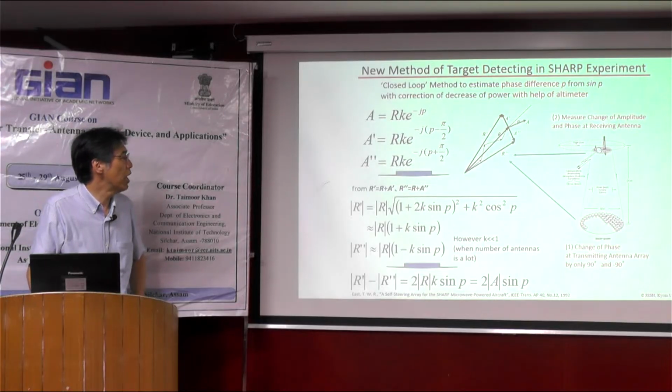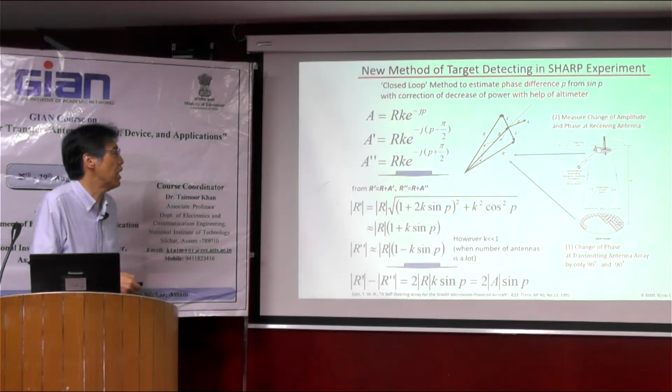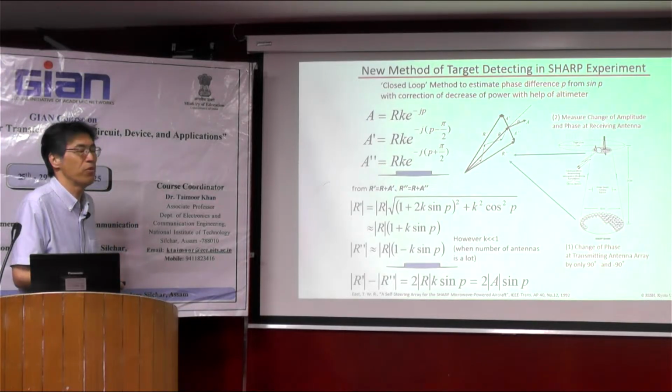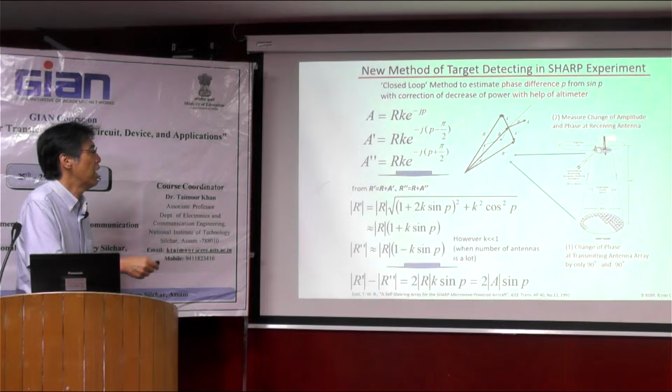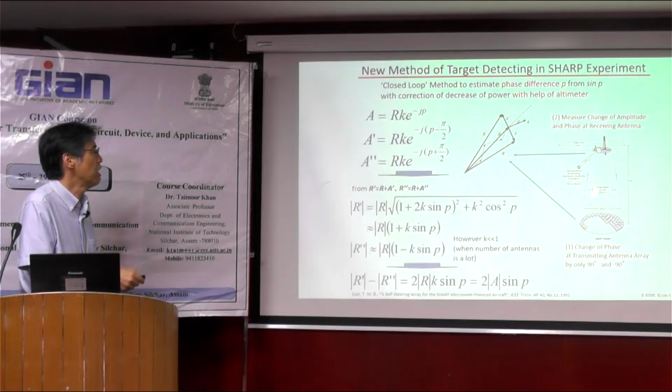And a Canadian group revised this REV method. Exactly, not revised, but they proposed another closed loop technology for the Canadian airplane experiment in 1987, and they added an altitude measurement system.